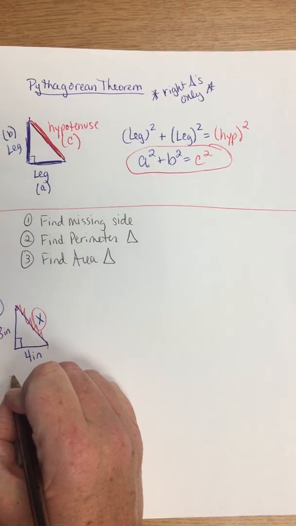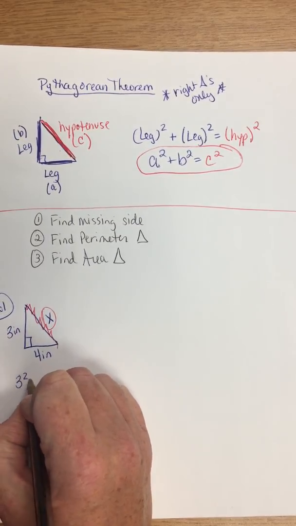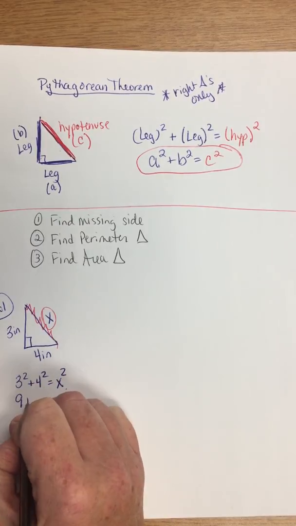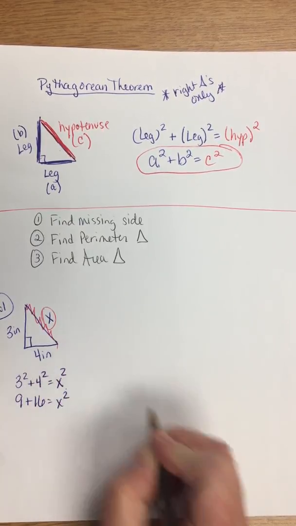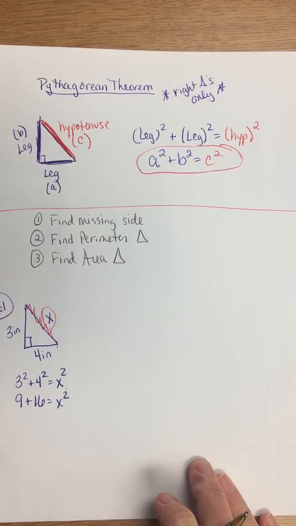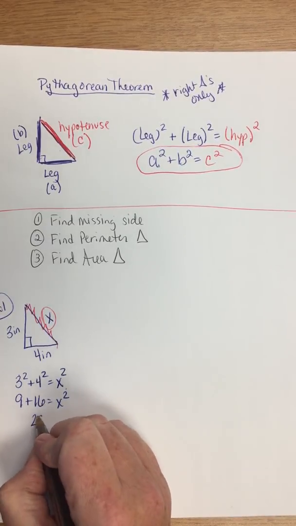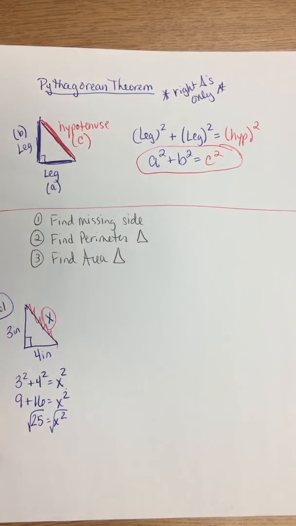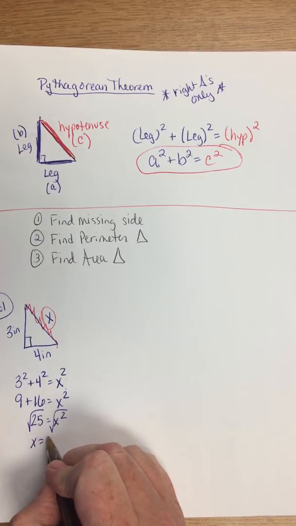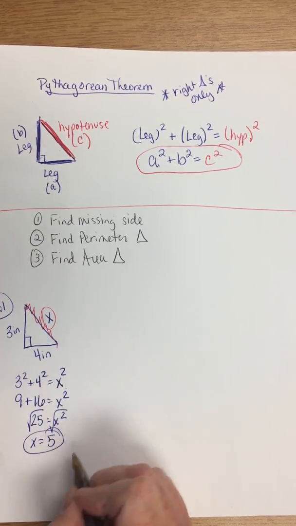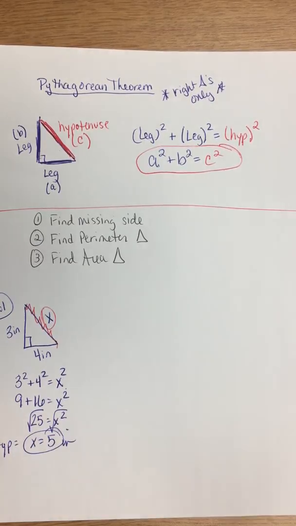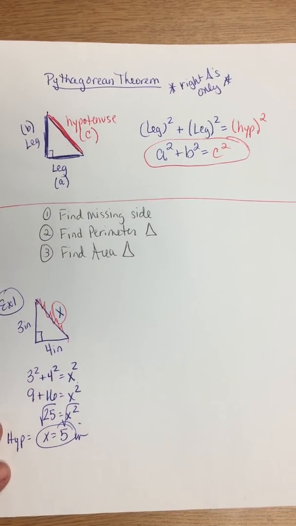So it would be 3 squared plus 4 squared equals X squared, being my hypotenuse. 9 plus 16 is X squared. 25 is X squared. You root it both sides. Look on your perfect square index card. The square root of 25 is 5. So your hypotenuse is 5 inches.